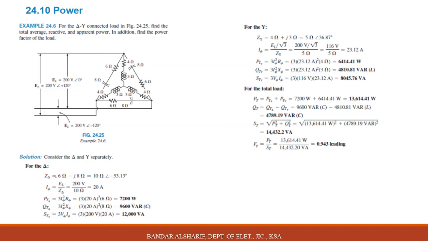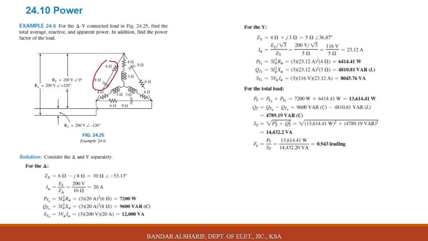First of all, we need to find the total impedance in the delta. It is 6 minus J8, 6 minus J8, this. You will get 10 angle minus 53 degrees. The I phase is E line divided by Z delta. Because in delta connection line voltage equals phase voltage, 200 divided by 10 equals 20 ampere.